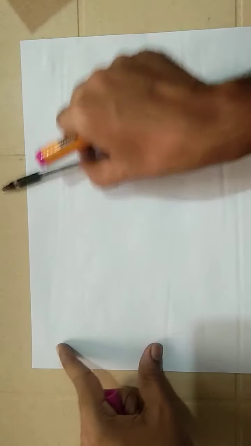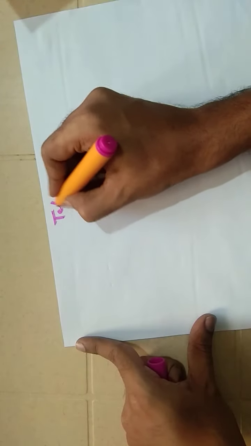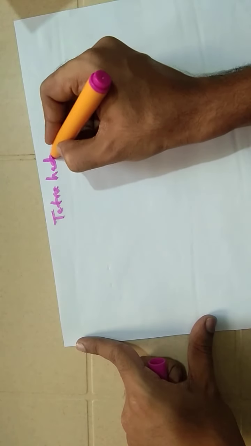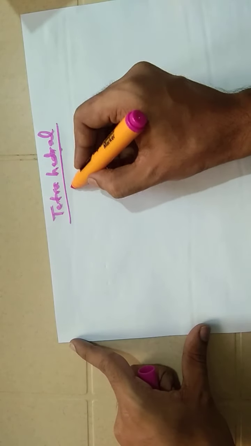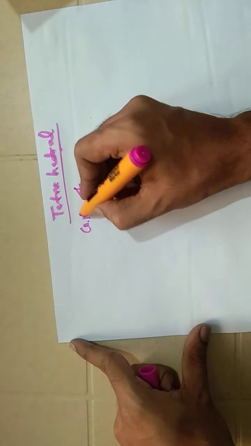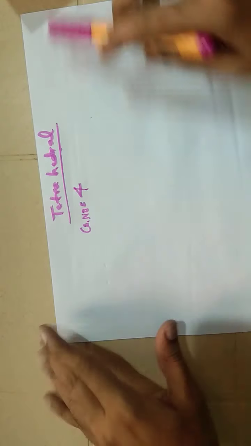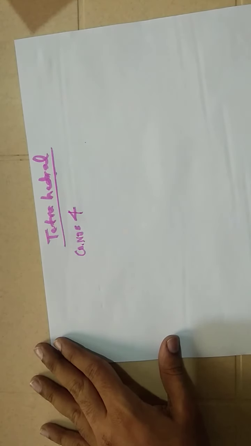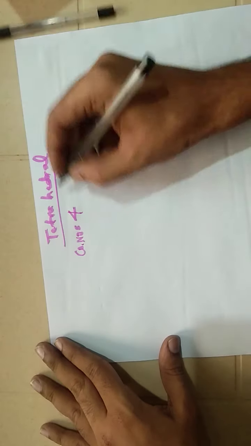Next important thing is splitting in tetrahedral. Tetra means tetrahedral. Tetrahedral means the coordination number is 4. If the coordination number is 4, you can have 2 types, right?